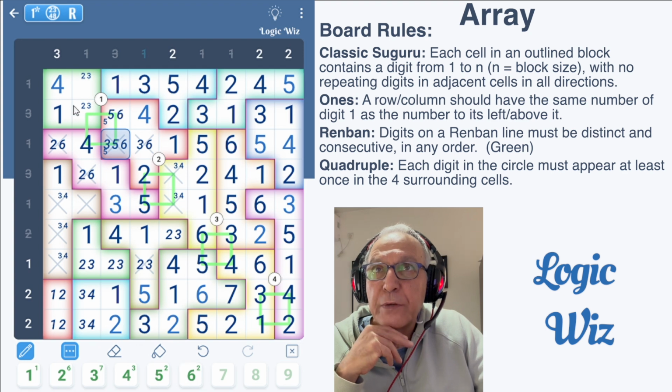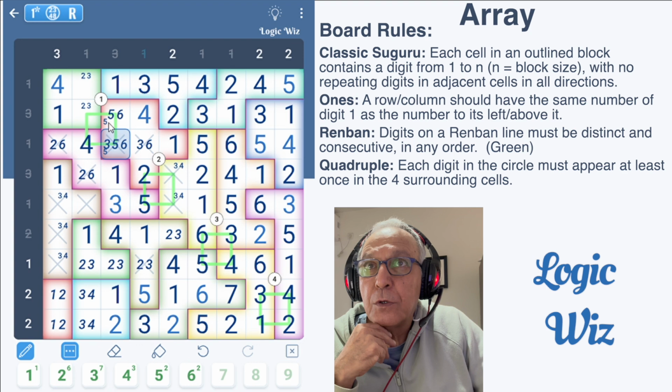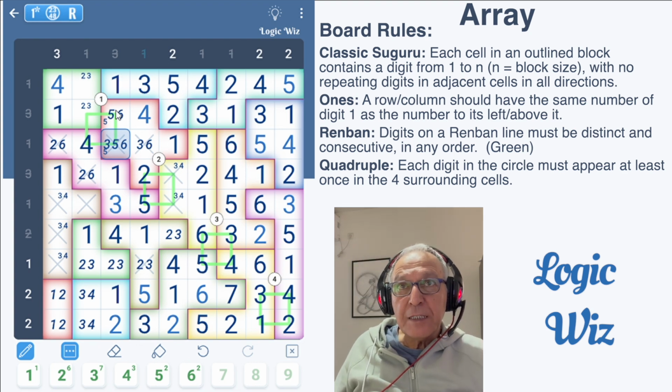So still 3, 4, 5, 6 is an option, and 2, 3, 4, and 5 are an option. I'm missing here something silly, we'll figure it out soon. So we said this is 4 and 3.